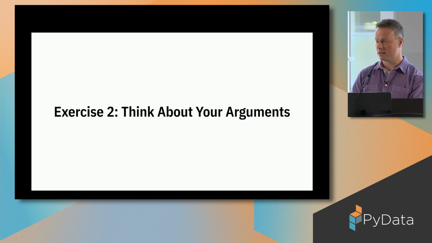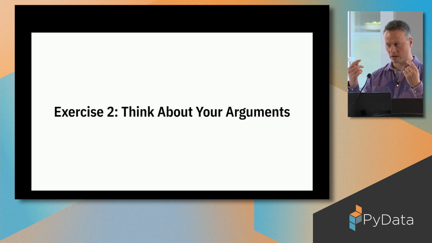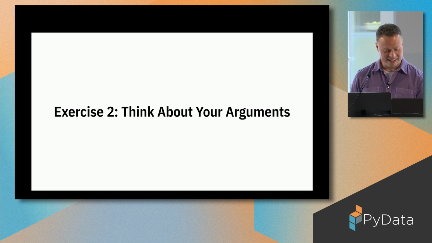Dash xzvf. I read that XKCD comic just this morning to remember the arguments to tar. You can paste them together, but how does Go then handle that when long options also only need a single dash? Yeah, good point. But again, like I said, there are always exceptions to whatever we're discussing today.